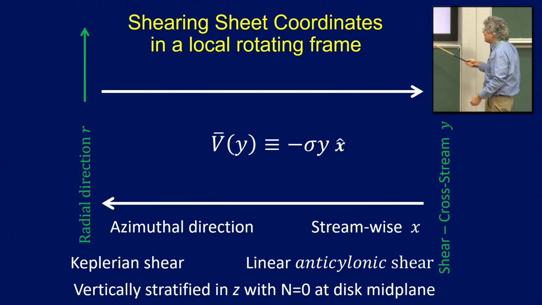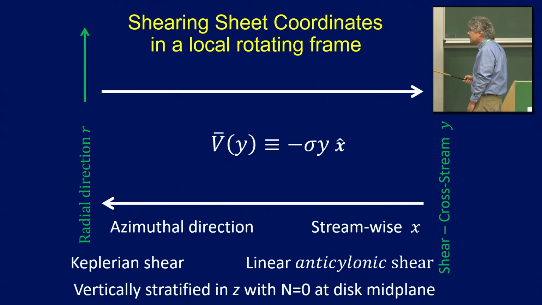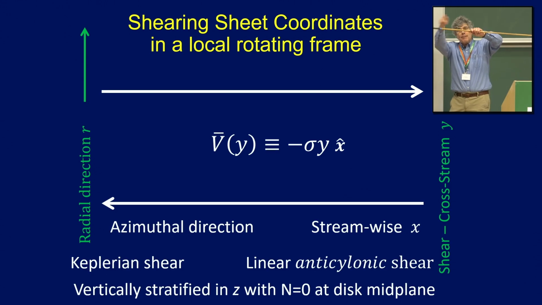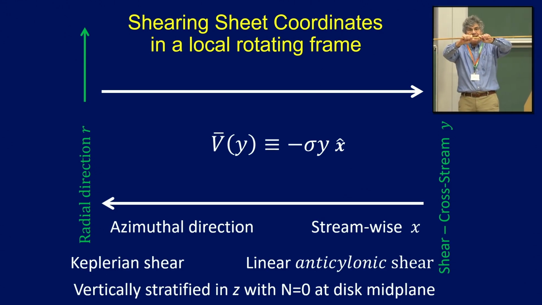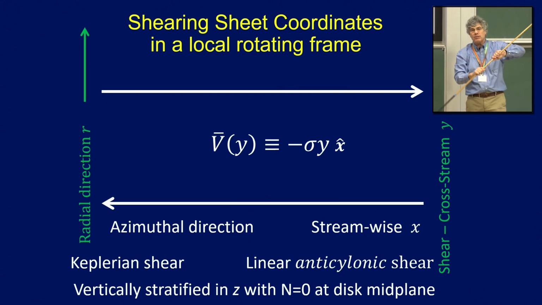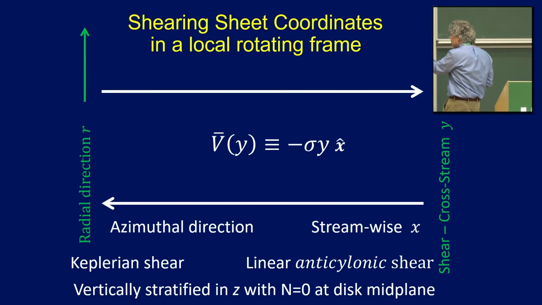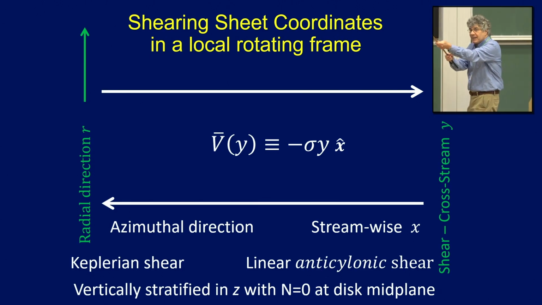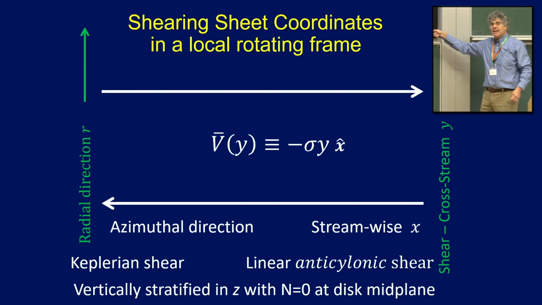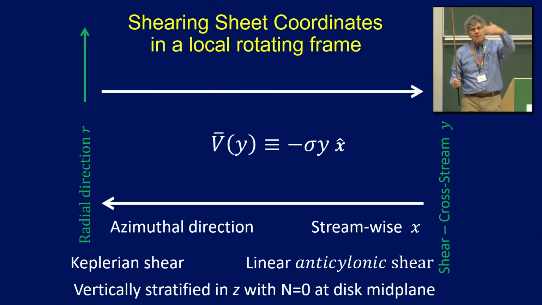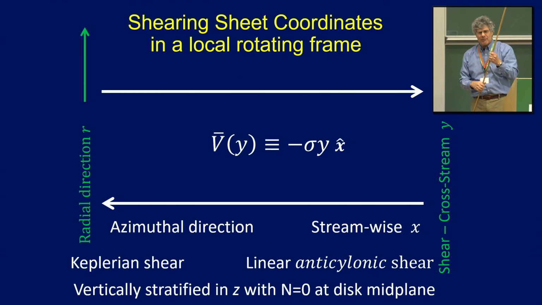So my azimuthal direction is now my streamwise direction, and for Keplerian shear, the vorticity of the shear has the opposite sign of the omega going around the planet, so it's an anticyclonic shear. If this is stratified, it would be stratified in this direction coming in and out of the board. If I had the disk midplane, n would be equal to 0, but n would increase as I go upward or downward into the wall here, depending upon what I'm using to model, because I really can't observe the temperatures as I go away from the disk.